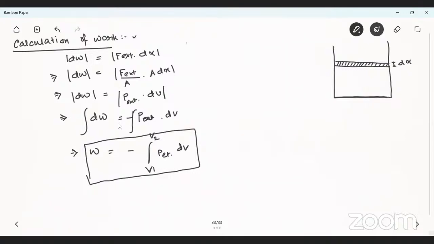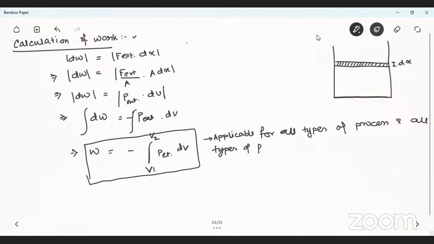This is applicable for all kinds of the process and for all types of the fluid in closed vessel.